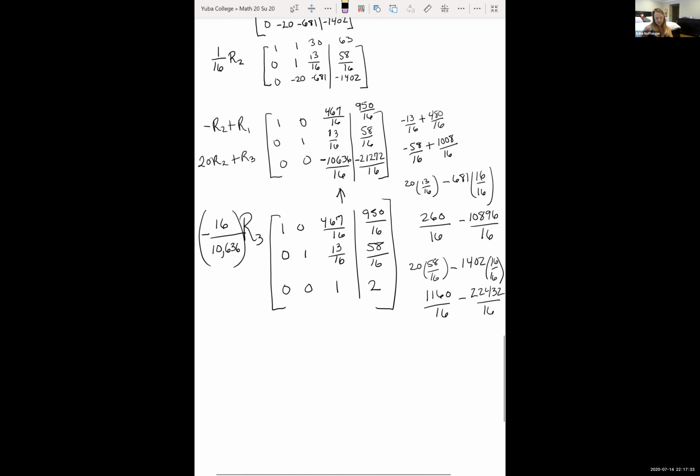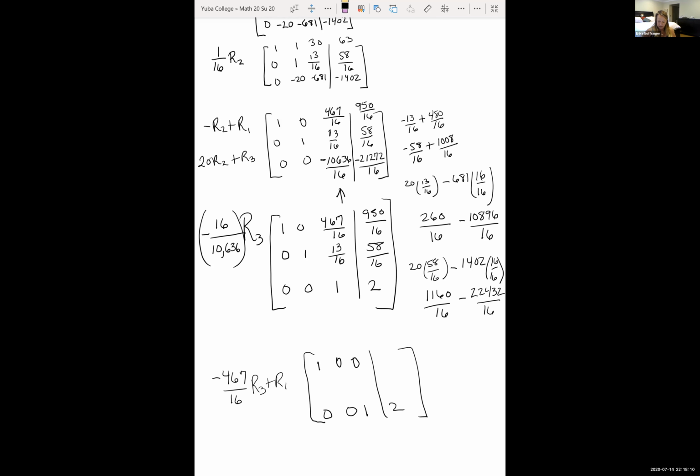So now I need to get rid of the entries above that third row, third column. I'm just going to multiply by the opposite of what this is, so when I sum it, it goes away. My row 3 is staying the same. My new row 1, well, if I look at negative 467 all over 16, row 3, and I add it to row 1, my first 3 entries are nice, 1, 0, 0.